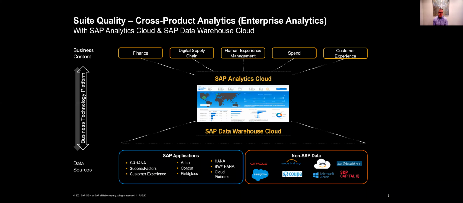At the bottom, maybe you have some headcount data in Workday or in AWS or in some other type of source that you're trying to combine with your SuccessFactors data that you can see on the left. So Data Warehouse Cloud allows you to harmonize that data, and then Analytics Cloud is able to go off of that harmonized view of your data to give you those KPIs and will also provide business content across these different organizations.